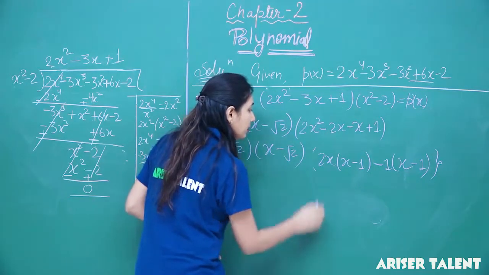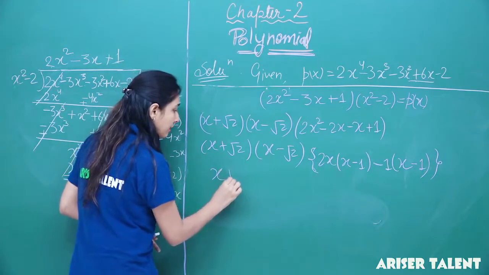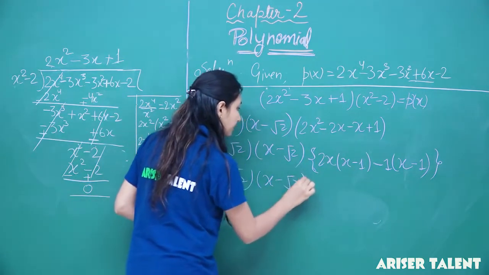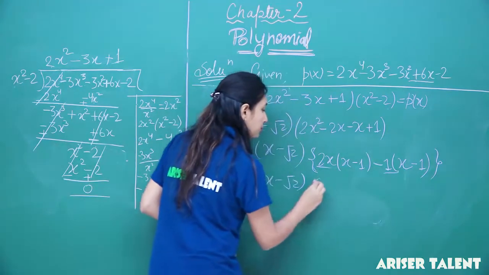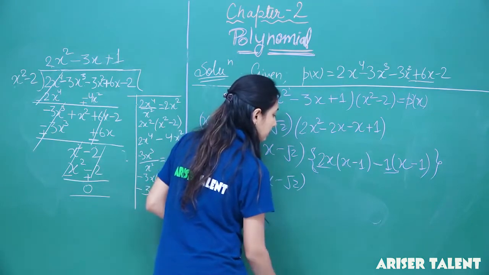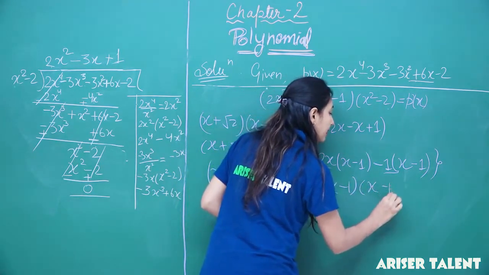We will be having curly brackets here. Now, that will give you x plus root 2, x minus root 2, 2x minus 1 and x minus 1.